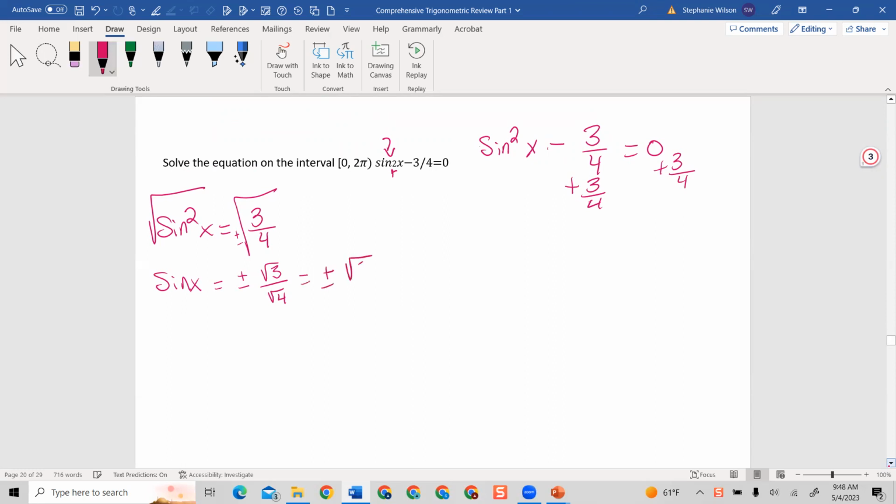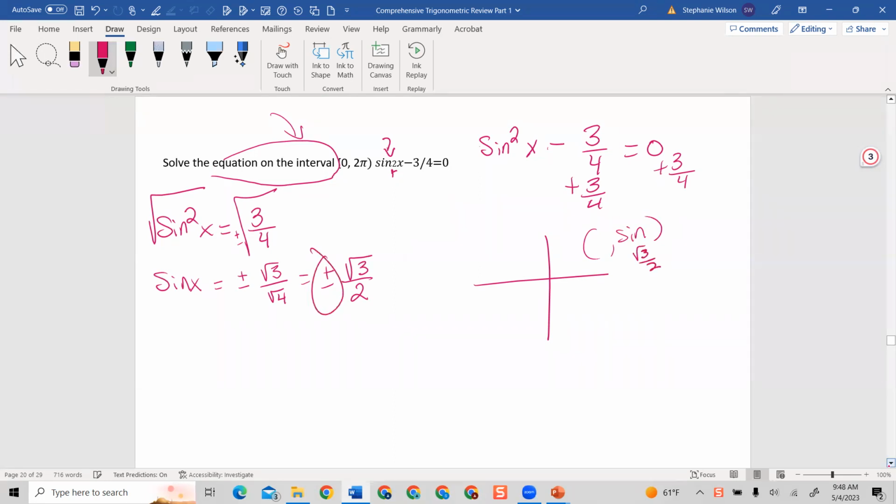Plus or minus, because this just asks for us to find the equation on the interval. So we're just looking for the interval. Square root of 4 is 2. So what I would do is say, okay, we're looking for where sine, and I would go to the unit circle, unless you got it memorized, and find where sine all the way around the unit circle is square root of 3 over 2.